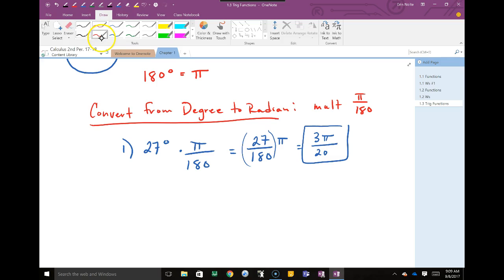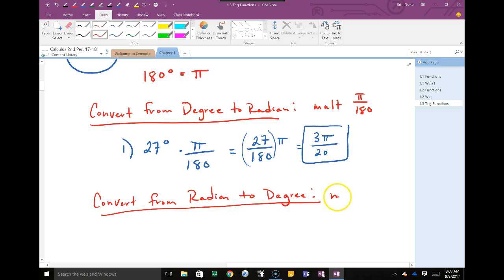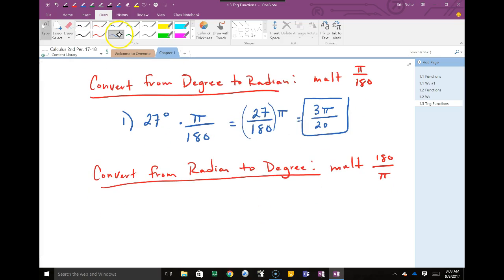Okay, let's go the other way. How do you convert from radians to degrees? Same idea, but we're going to multiply by 180 over pi. So we need a radian angle.